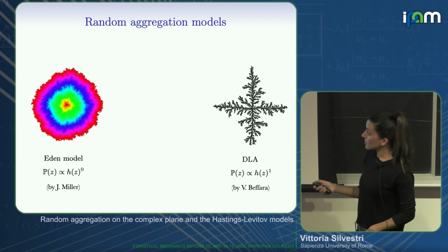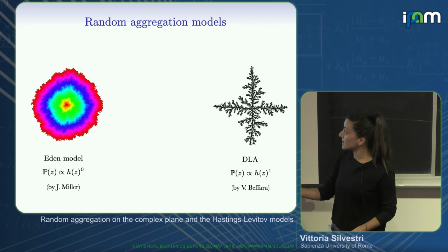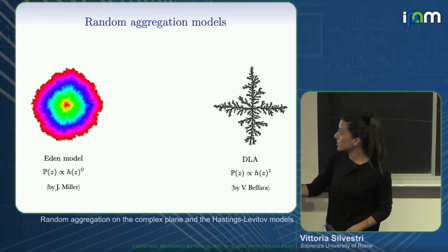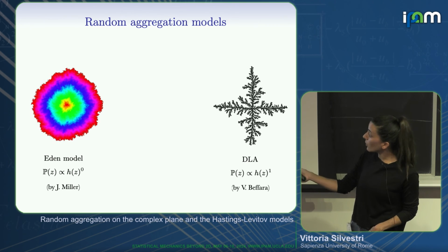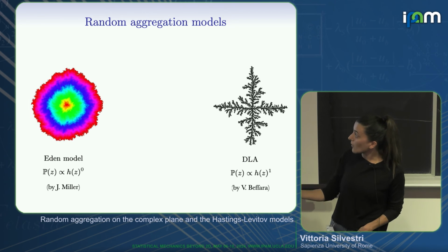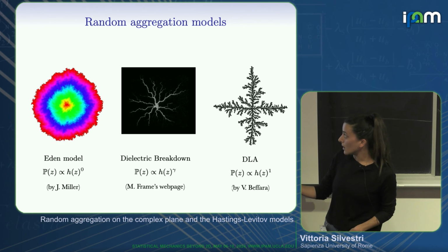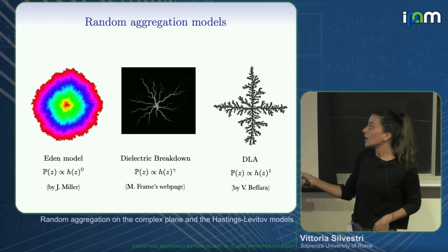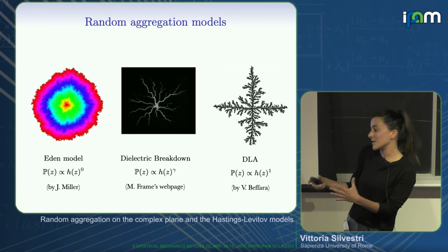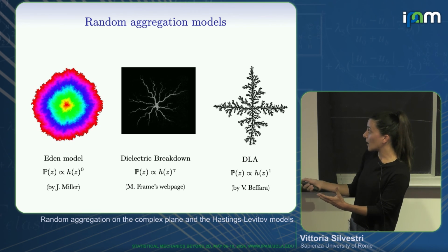Okay, and so these are the two models we just discussed: the high nutrient regime, diffusion-limited aggregation, and the low nutrient regime, the Eden model. You can think of interpolating between these two to model a sort of intermediate concentration of nutrient. And how do you interpolate?